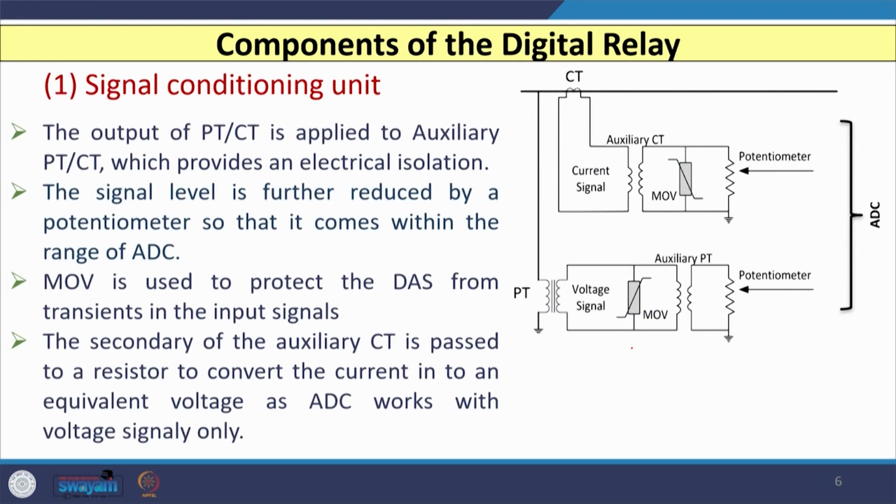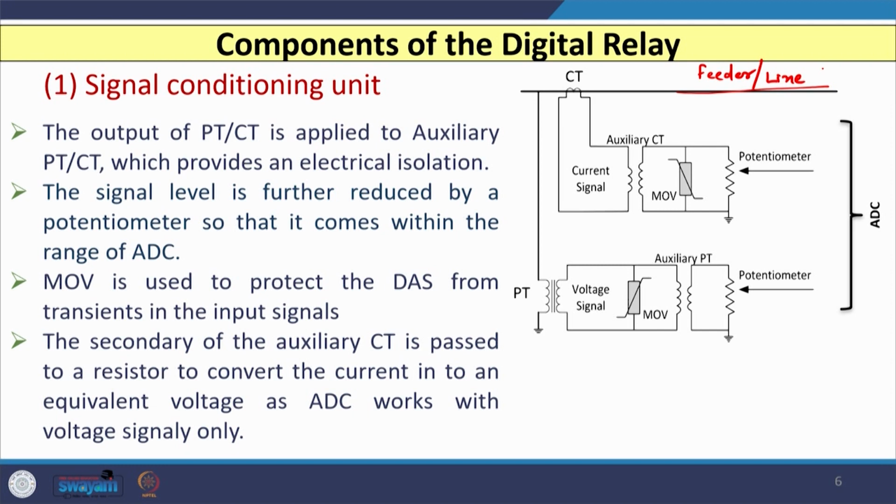Moreover, when we consider the signal conditioning unit, you can see from this block diagram that we have a line or feeder. On this feeder we are acquiring the signals from the CT.